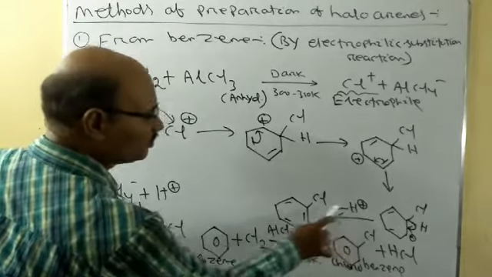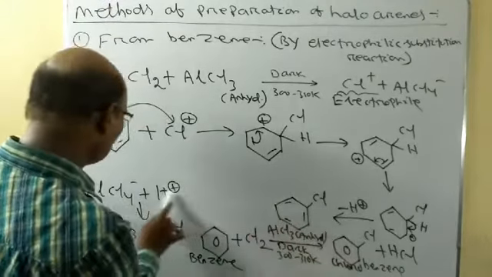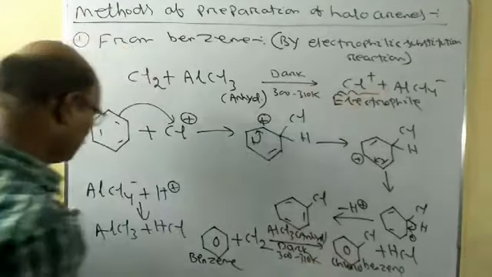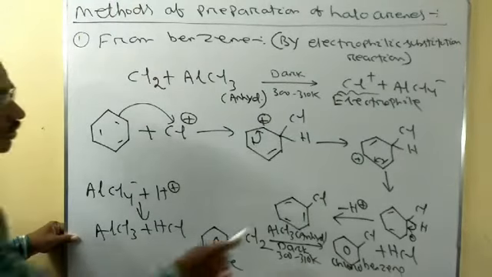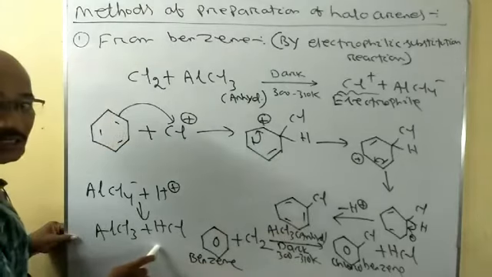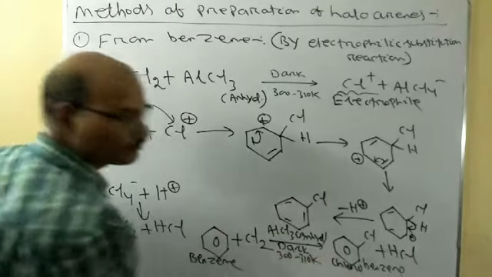There is a loss of proton to get the chlorobenzene. Now this proton and AlCl4- will again produce AlCl3 and HCl. So we have chlorobenzene and HCl as the product.